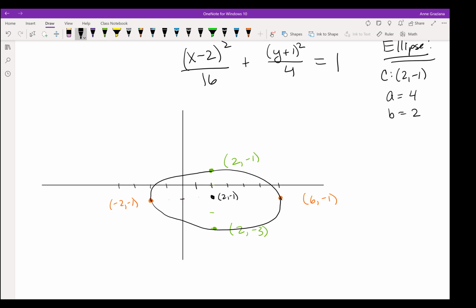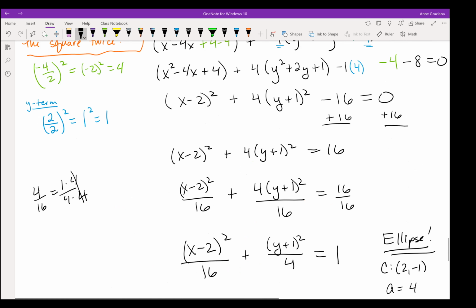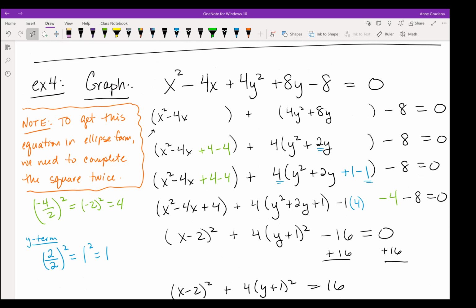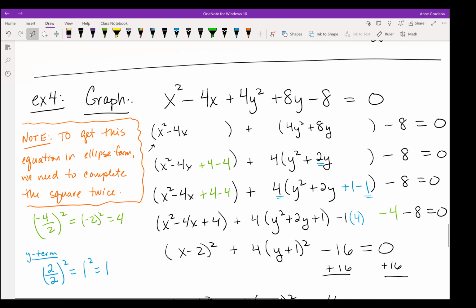Any questions? Now, this is a lot. I get that this is a lot of steps. This is as hard as they get, though, if you have to complete the square once or twice. Okay. Any questions on anything?